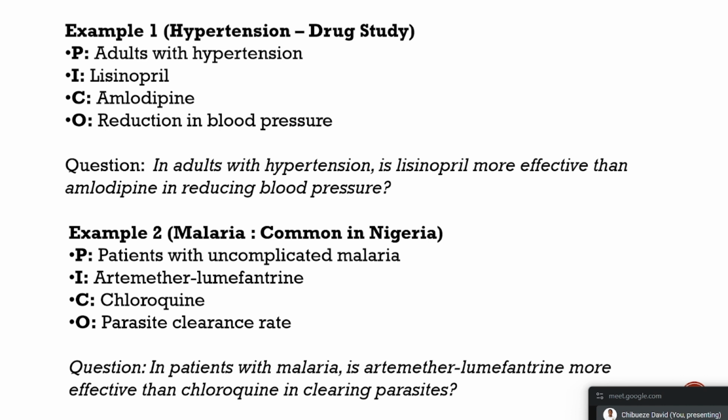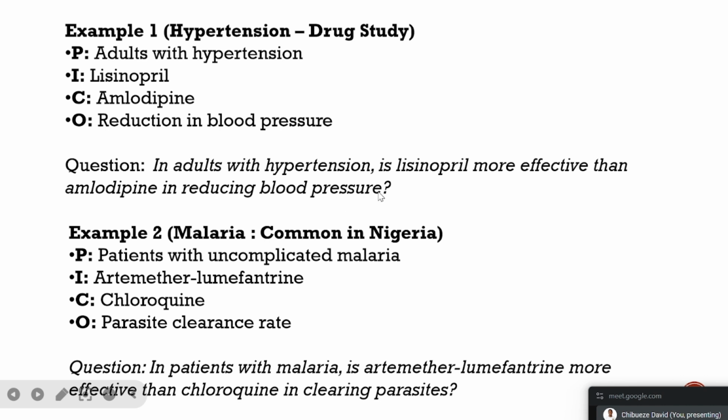So the question says, in adults with hypertension, that is a research question, is lisinopril more effective than amlodipine in reducing blood pressure? Lisinopril and amlodipine are examples of antihypertensive drugs. If I want to structure it in the PICO framework, I have P, adults with hypertension.